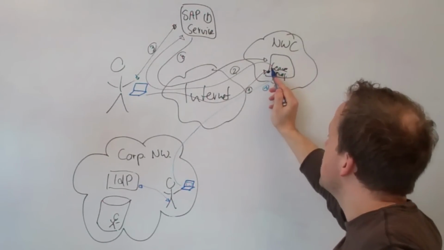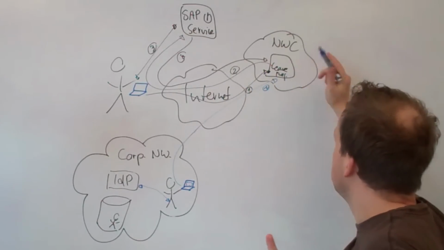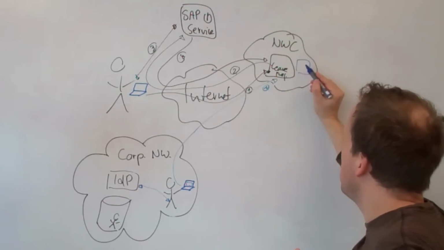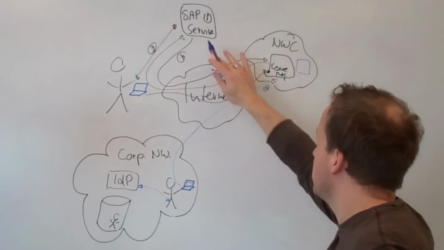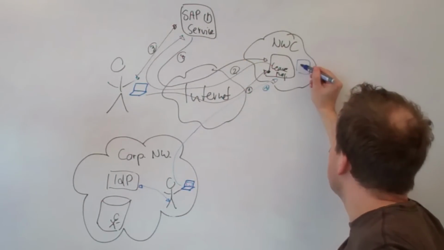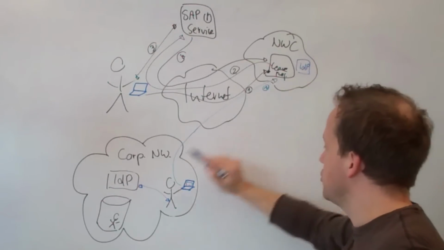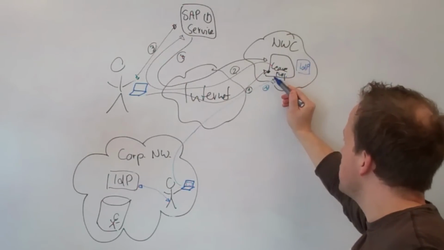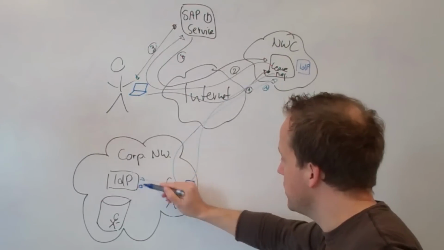The leave request application again will send a SAML request, but now based on a configuration made for this account in NetWeaver Cloud to trust this identity provider instead of the ID service. So there is a trust configuration made in the cloud to this system. So now the leave request application will send the SAML request to this IDP.